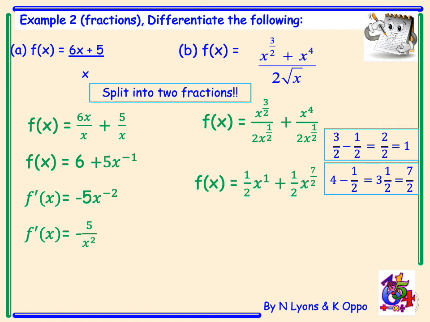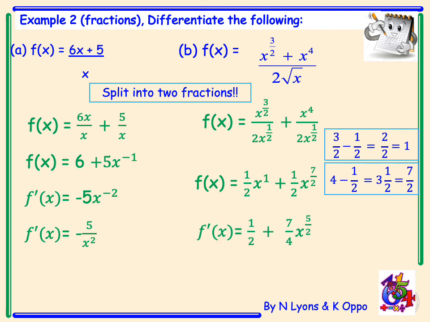Now the next thing we need to consider is the number 2 in the bottom of each fraction. That is not a 2, but is actually 1 half. So our expression simplified is 1 half x to the power of 1 plus 1 half x to the power of 7 over 2.